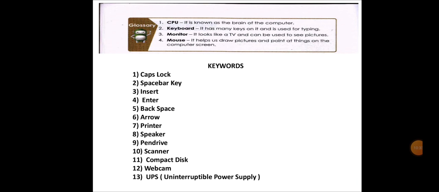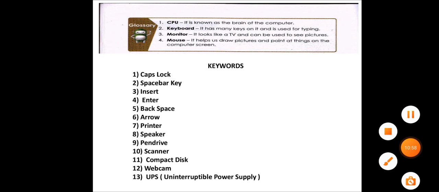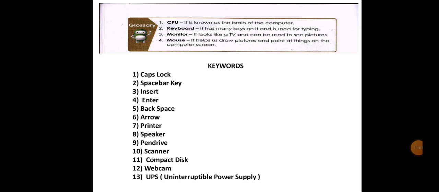Children, you have to remember these glossary points. First one is CPU. It is known as the brain of the computer. Second one is keyboard. It has many keys on it and is used for typing. Third one is monitor.